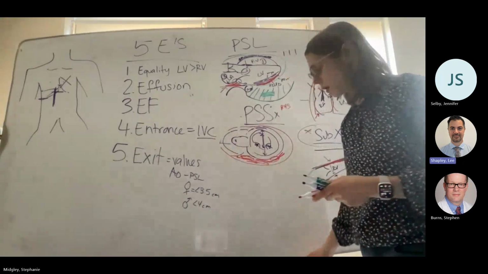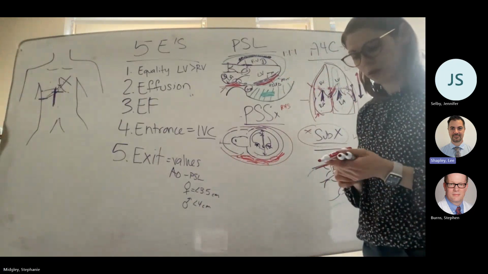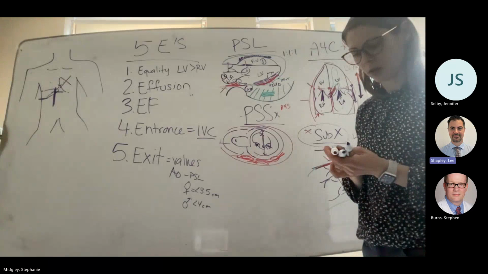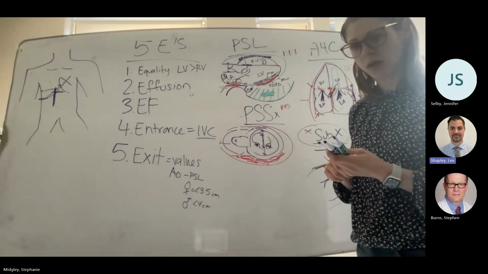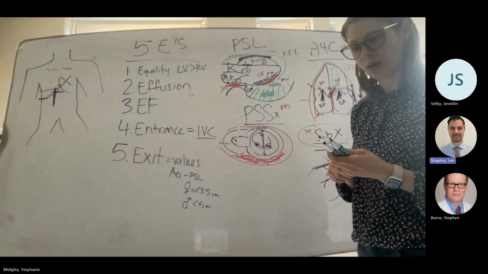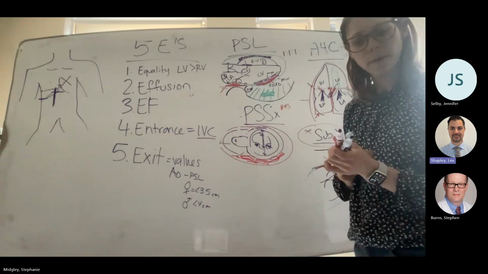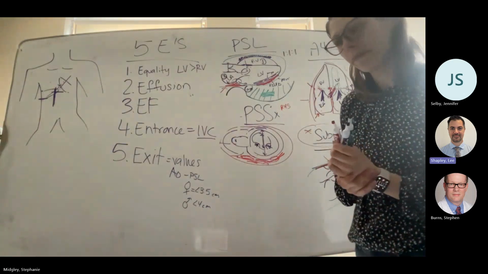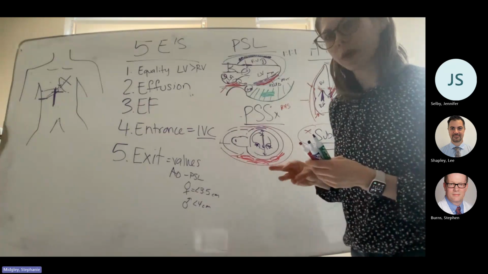Some of them are those complex effusions, and then sometimes in a ventilated patient, you might have a pneumopericardium or something like that. What are we going to be looking for, or what might tip us off in those situations?